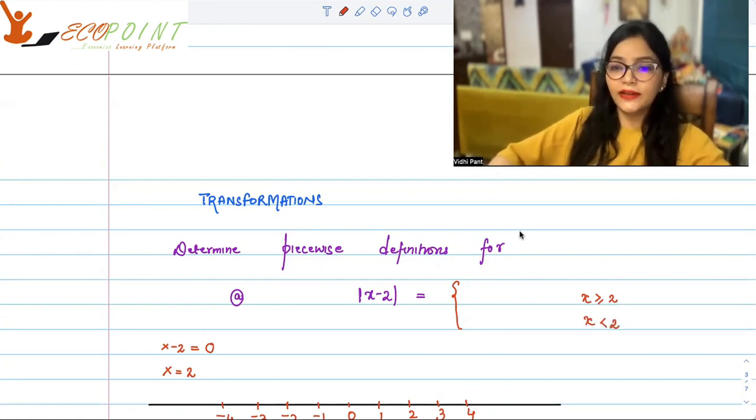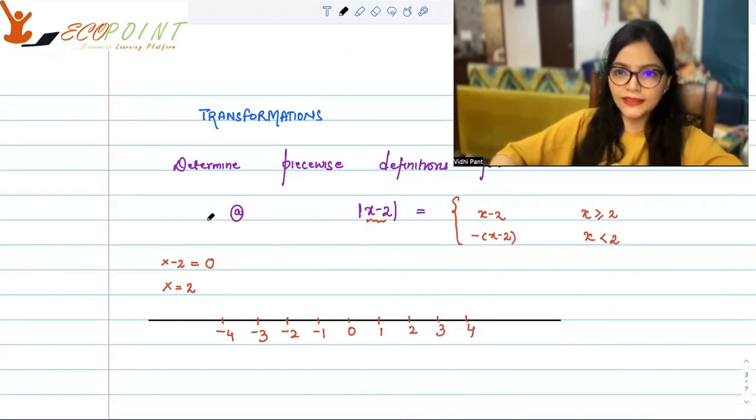So when x is greater than or equal to 2, what comes out? Whatever is inside these two bars comes out as it is. That is, it's going to be x minus 2 as it is. But when x is less than 2, what comes out? The minus of x minus 2 comes out. That is why what you get here is a piecewise function, which is the case for modulus always.